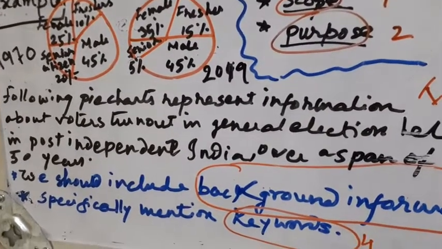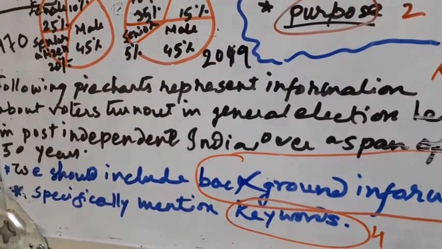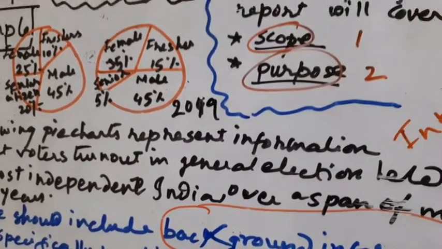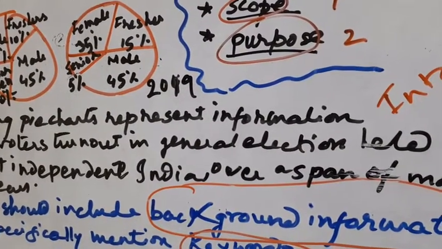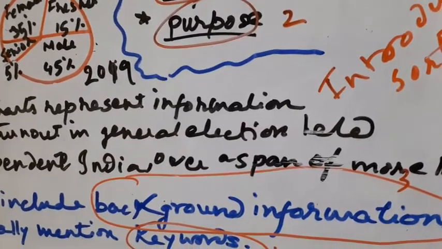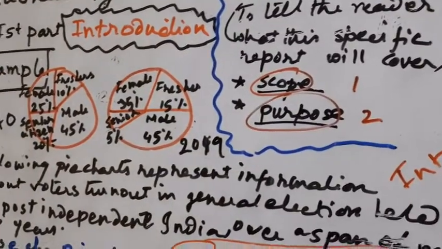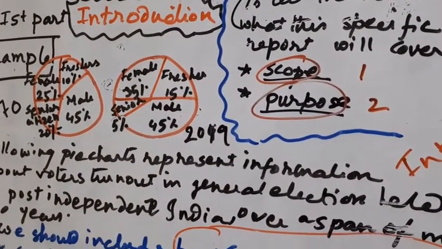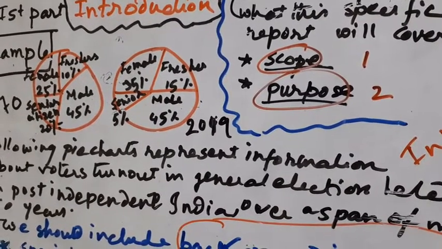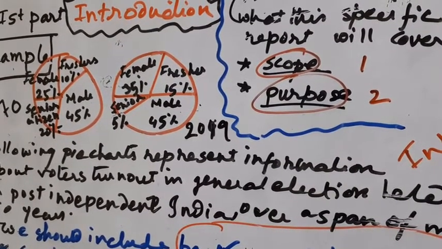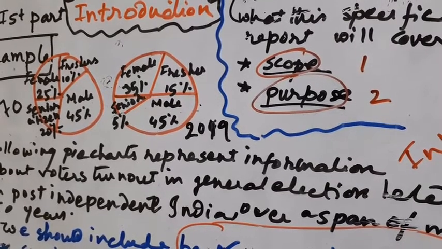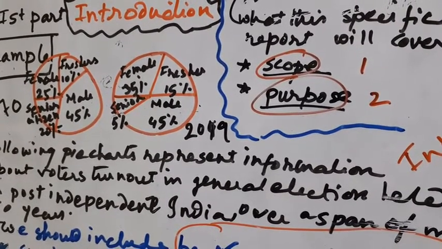Then we go for the background information. If you understand both the pie charts, you will write that just after independence the senior citizens were perhaps more involved with the system of voting.